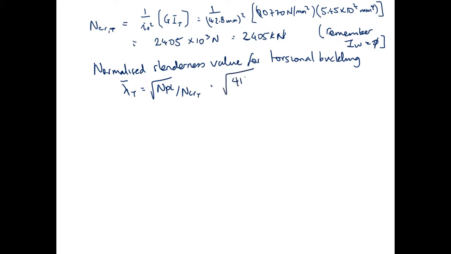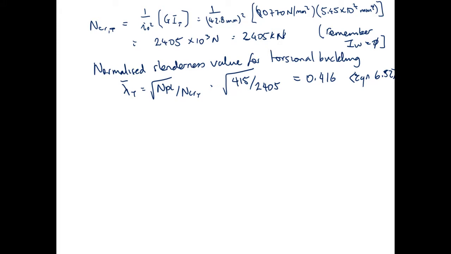We had the cross-sectional resistance was 415 kilonewtons from earlier on, 2405 from here, and that gives us 0.416. And you'll see that from equation 6.52.